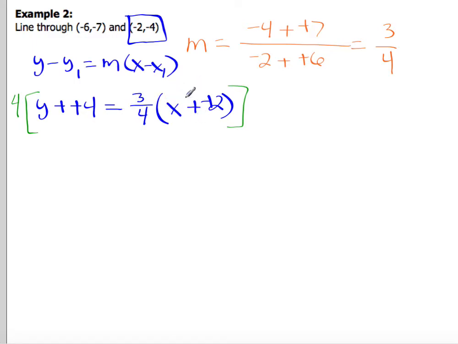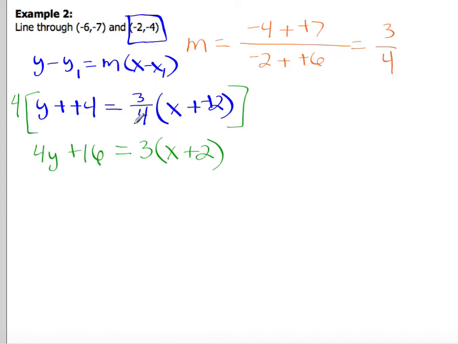So when I multiply the right side by 4, the only change that's going to happen is that instead of 3/4, we're going to have 3 times x plus 2. If that is going to confuse you, then go ahead and distribute the 3/4 and work it that way. But what I'm going to do is make me have no more fractions. So I need to multiply the 4 on the left here, which would be 4y plus 16.